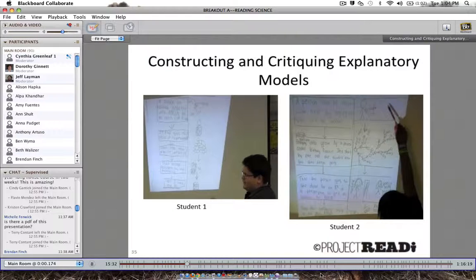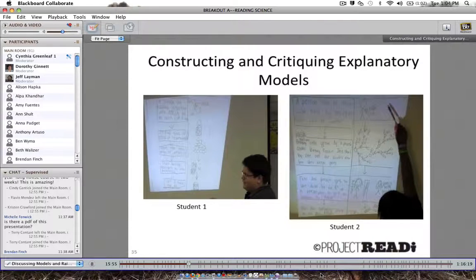Students have multiple opportunities to engage in a key inquiry practice of science, developing explanatory models. Here we see a middle school class's first efforts to develop a model after they have read and worked to make meaning with multiple texts. Students will work in groups to develop explanatory models, then share these models with the rest of the class.